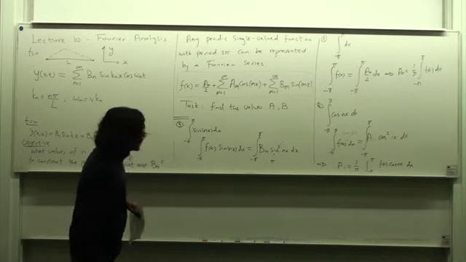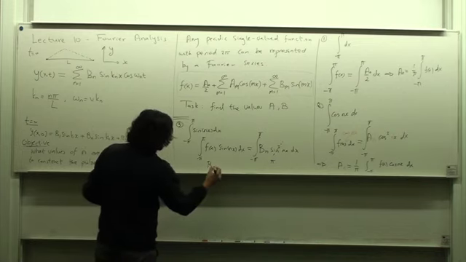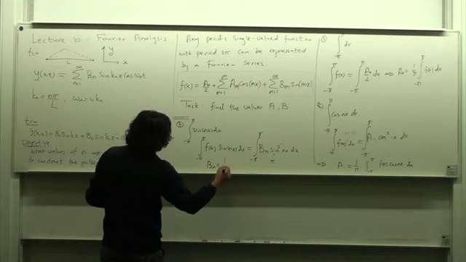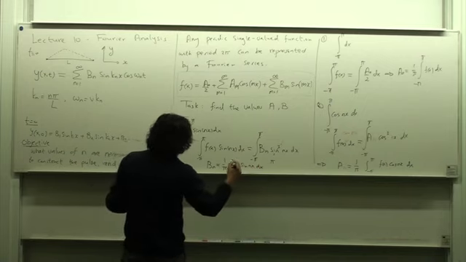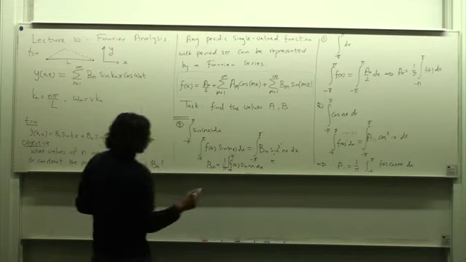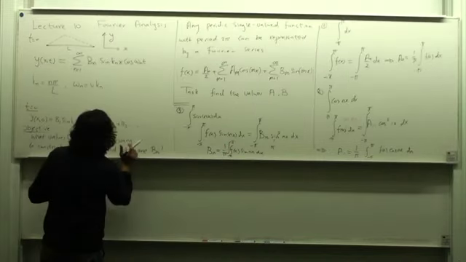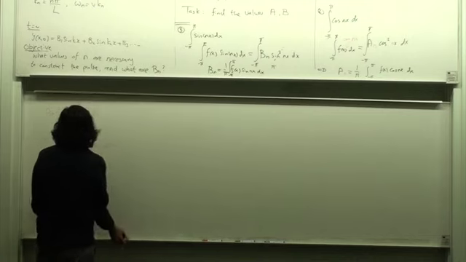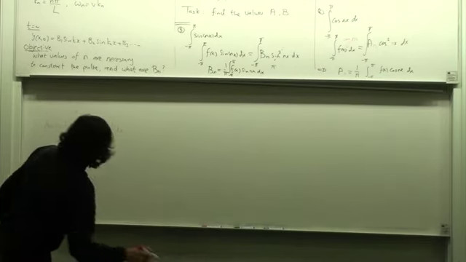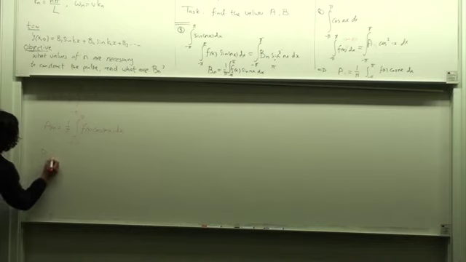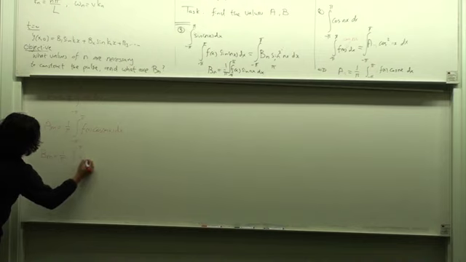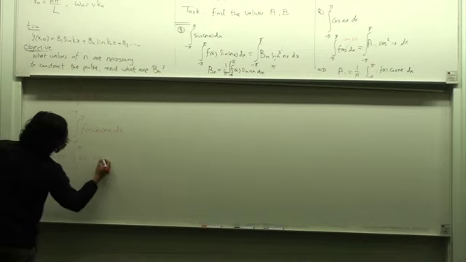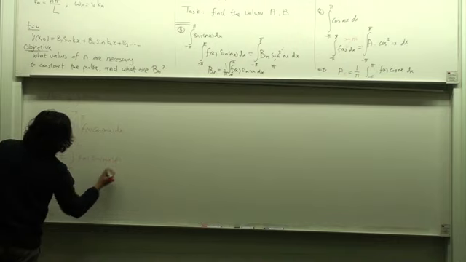So now we found Bn, that would be 1 over pi times fx sine nx dx. I'm going to write it here as well. So now we found also Bn. And Bn is 1 over pi from minus pi to pi fx sine mx dx.